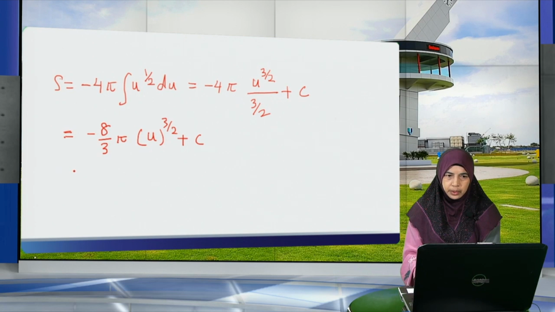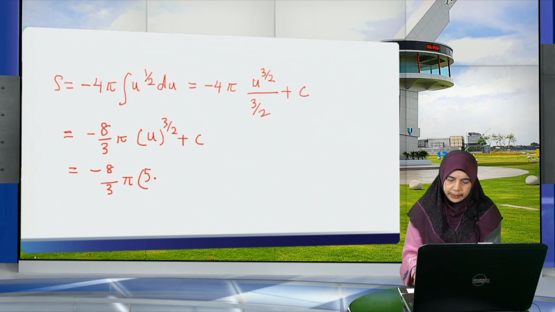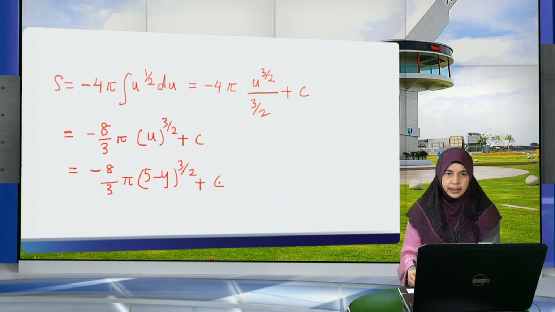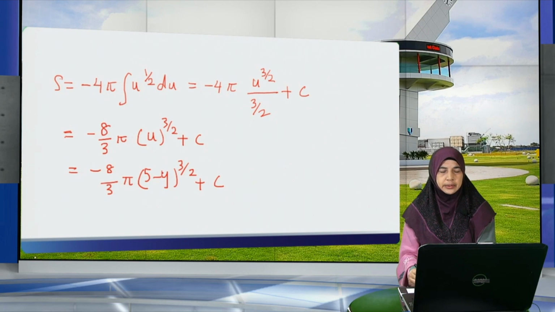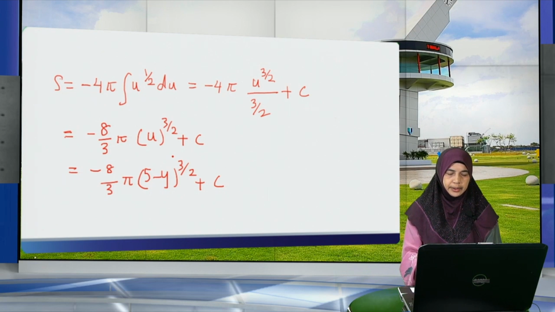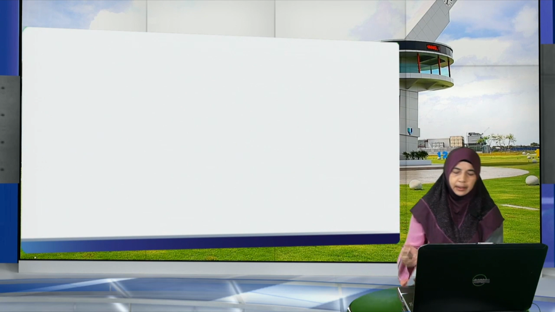So we will get minus 8 over 3 pi. We change u back to 5 minus y to the power of 3 over 2, and we add c. Now we use this in the integral, and then we will find the surface area. Let's do that again.